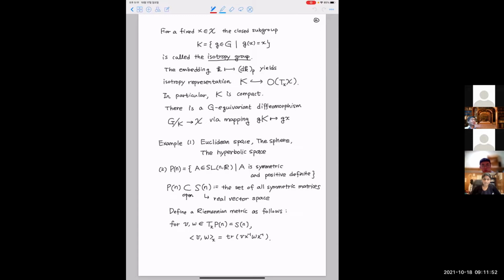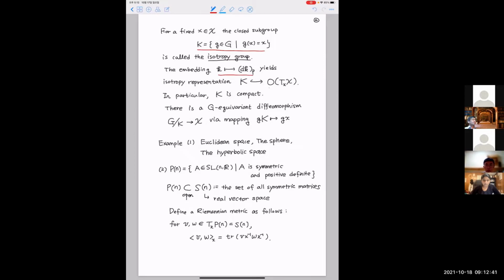The isotropy group is the closed subgroup stabilizing the point X, which we will denote by K. Since the symmetric space is homogeneous, every isotropy group is isomorphic, so it is independent of the chosen point X. You can embed the isotropy group into the orthogonal group of the tangent space at X. This map is called the isotropy representation.